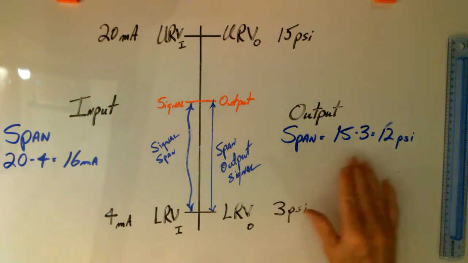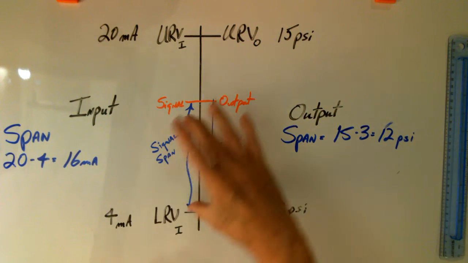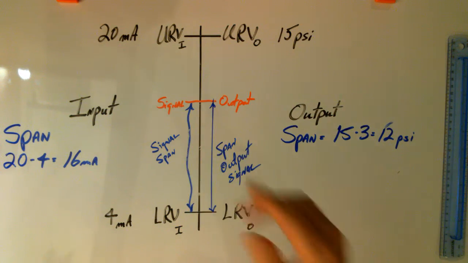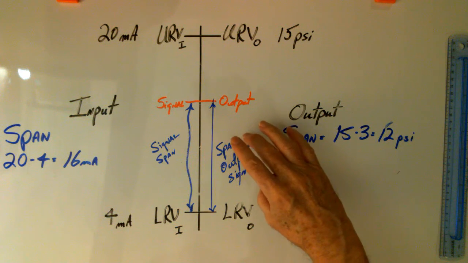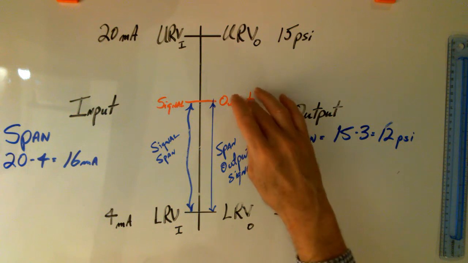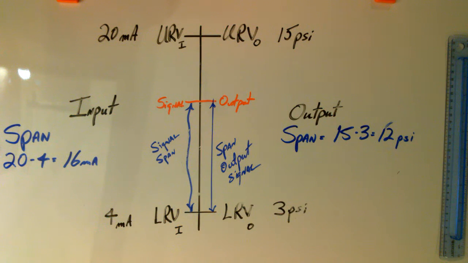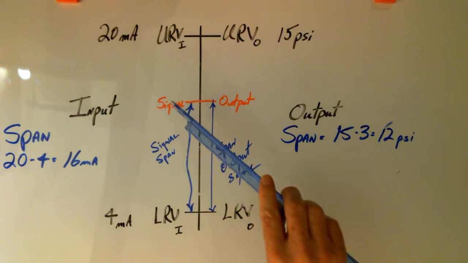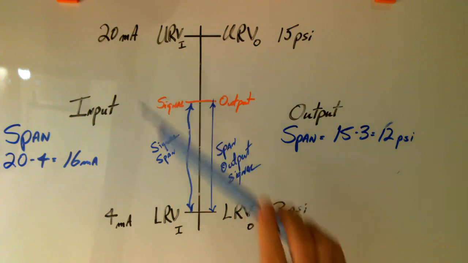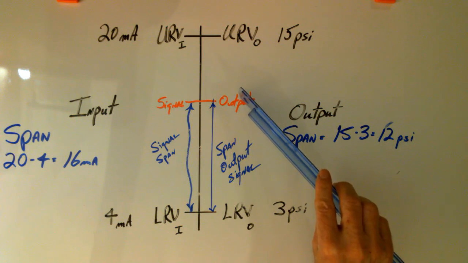Range span, signal span, whatever that number is, and the output signal span here. Normally the problem we find ourselves with is we know what the input signal value is, but we have to determine what the output is.